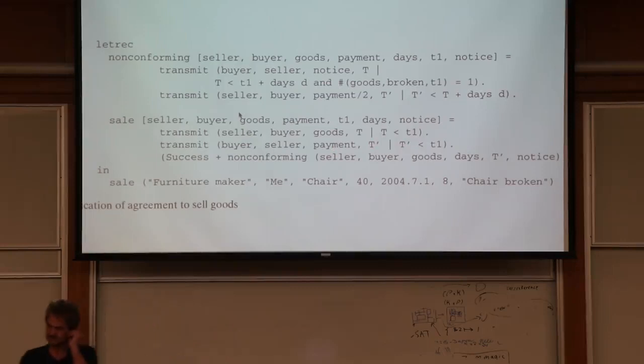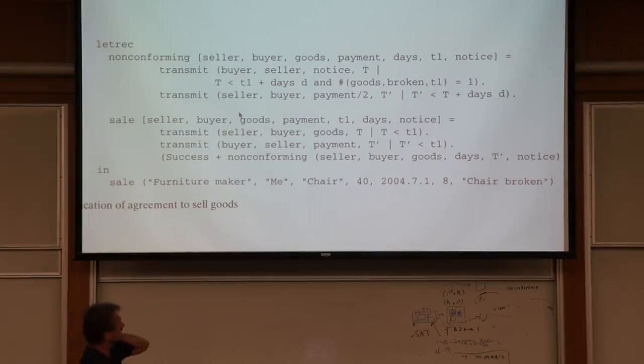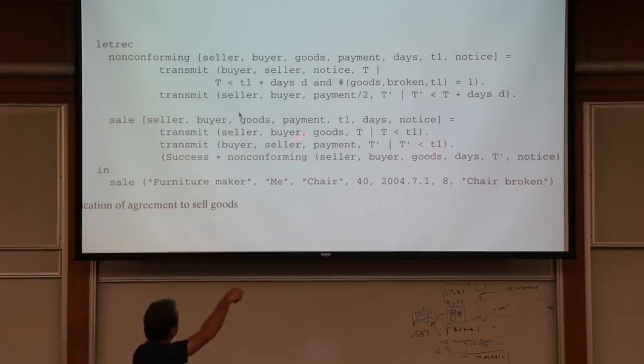It's a little bit of a strange contract, because usually if you do this one after the other, you would imagine that T prime is like 2 days after T, in which case you would write, you can see the dependency then, that T prime is less than T plus 2 days. And you can see that the T here is then bound by the actual concrete transmit that matches it.